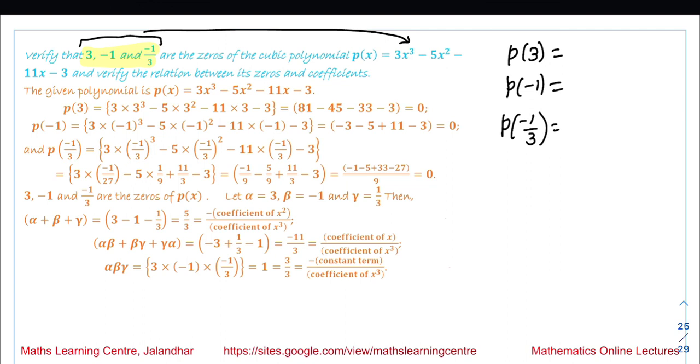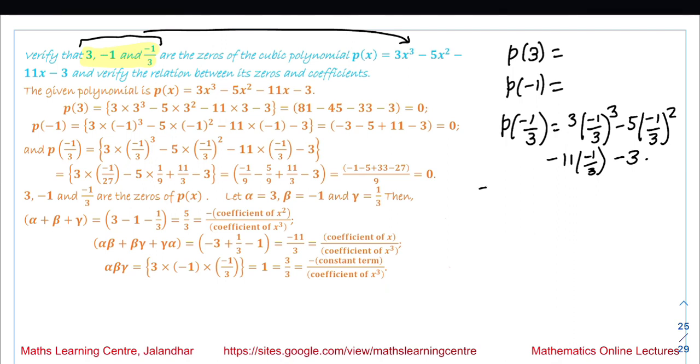Suppose I am talking about p of minus 1 by 3, it means it is 3 into (minus 1 by 3) cube minus 5 into (minus 1 by 3) square minus 11 into (minus 1 by 3), then minus 3.